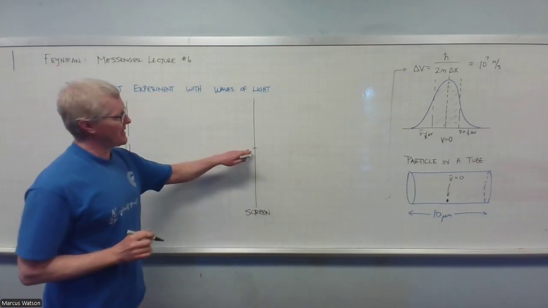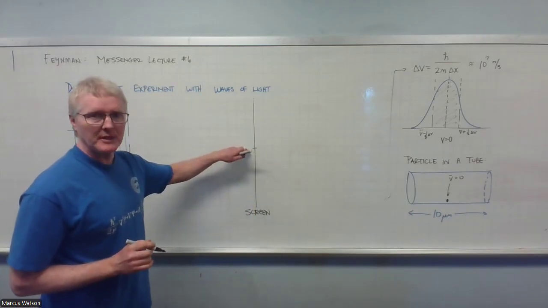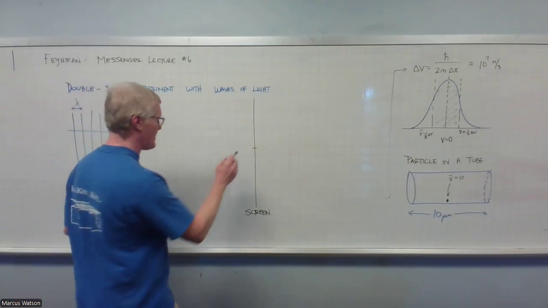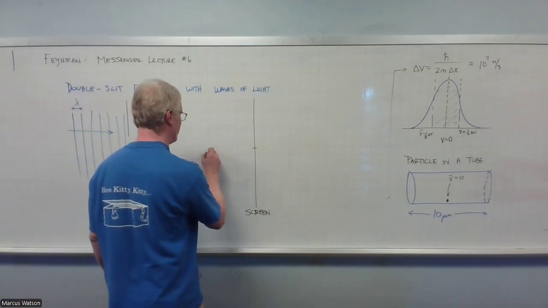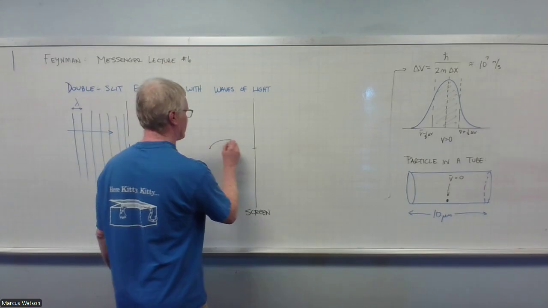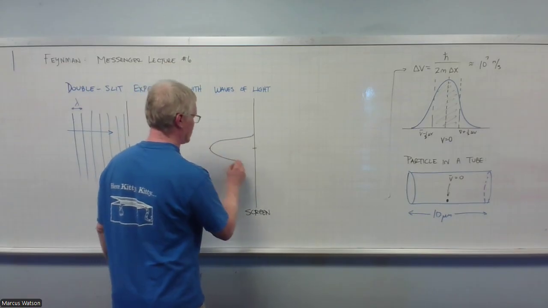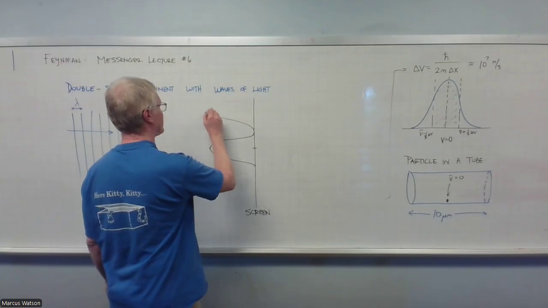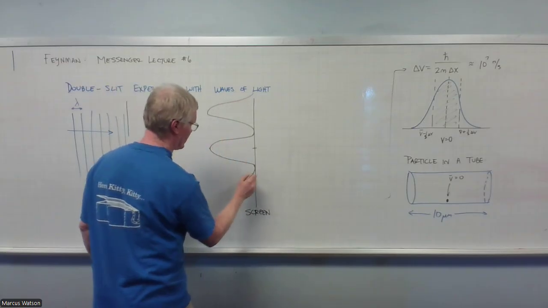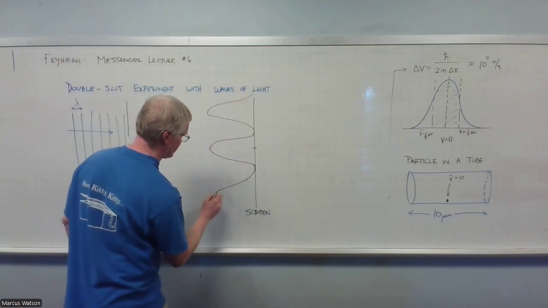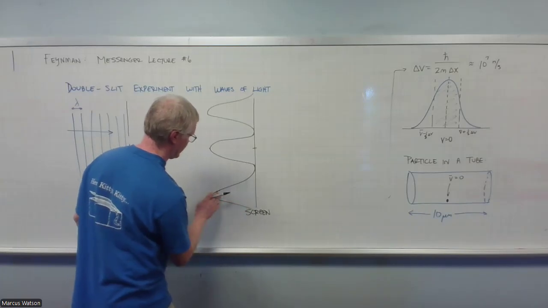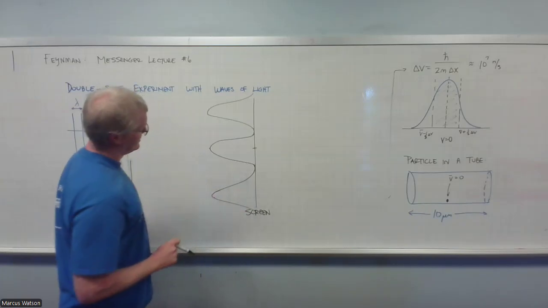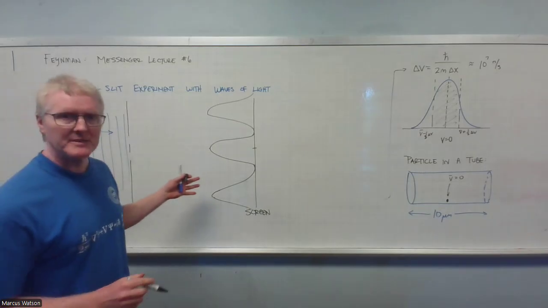We'd expect a central interference maximum right at that point, so let's suppose that it's out here. Then we're going to have another one right up here, and another one a little bit farther up than that. These are our interference peaks.